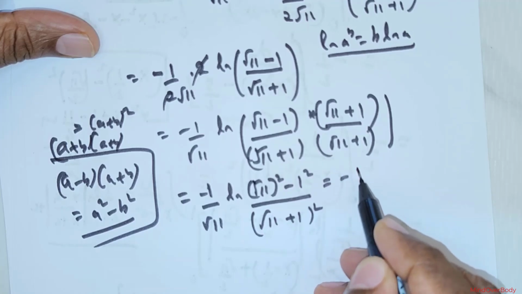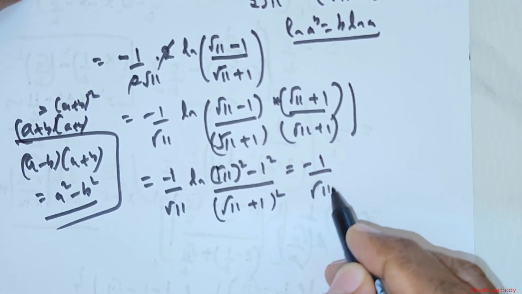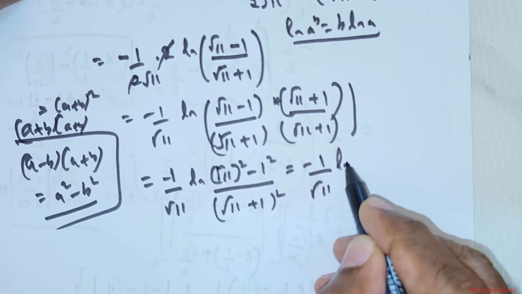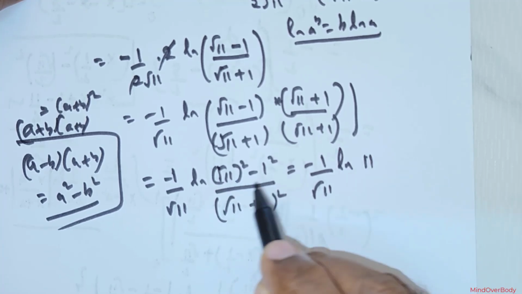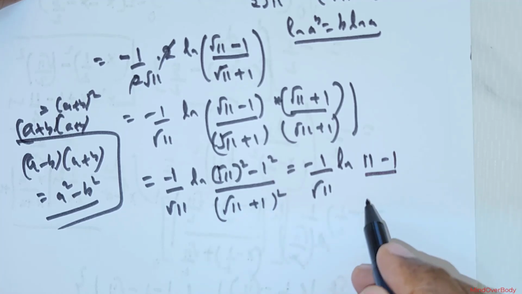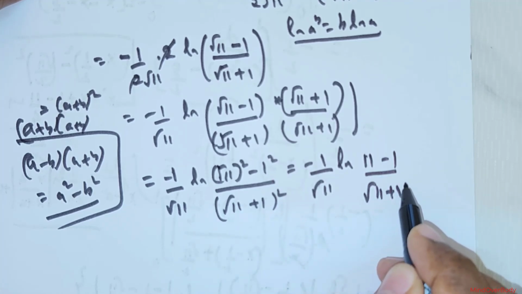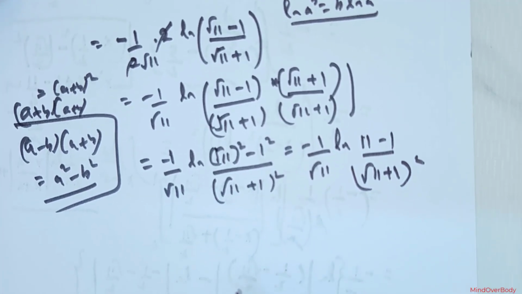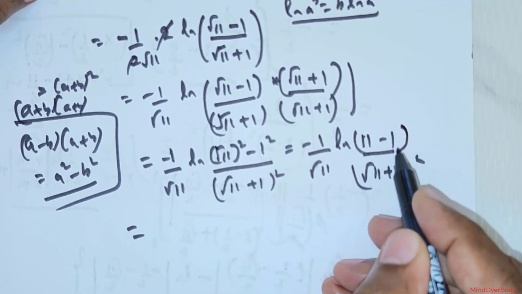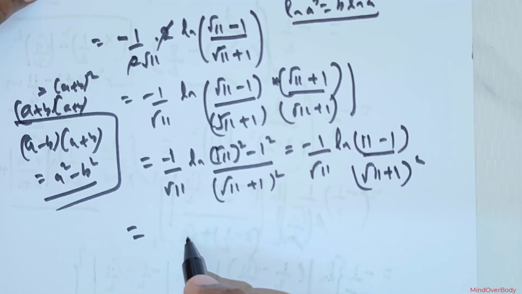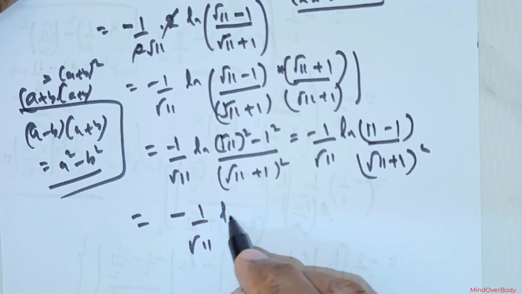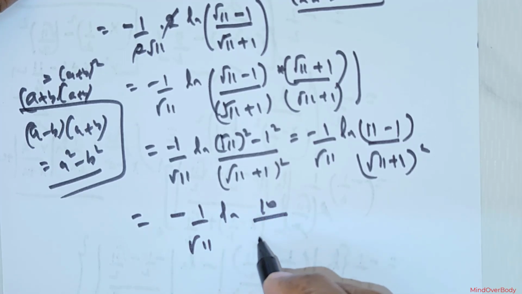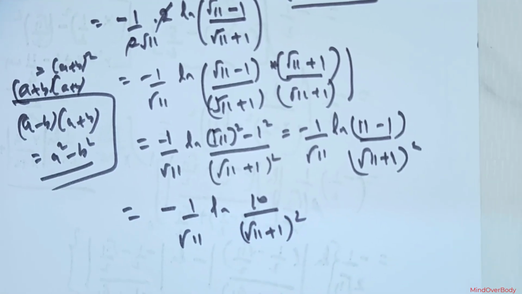So this is rewritten as negative 1 over root 11 times ln. Now root of 11 squared is going to be 11, right? The square root goes away, minus 1 divided by root of 11 positive 1 raised to the power of 2. Now this quantity 11 minus 1 is going to be 10, right? So this is negative 1 over root 11 ln 10 divided by root of 11 positive 1, the whole square.